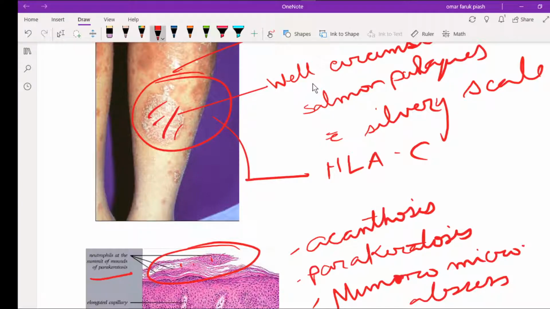This is known as Auspitz sign. As a treatment, you can give corticosteroid, cyclophosphamide, methotrexate, and PUVA, that means UV light with psoralen.